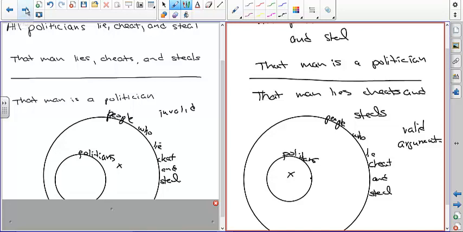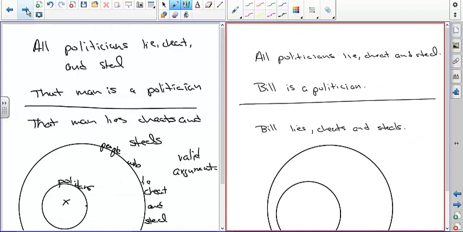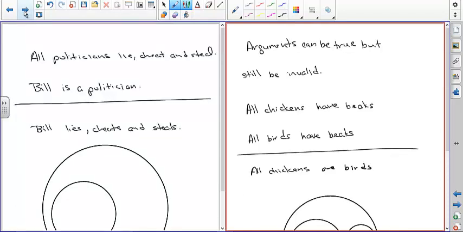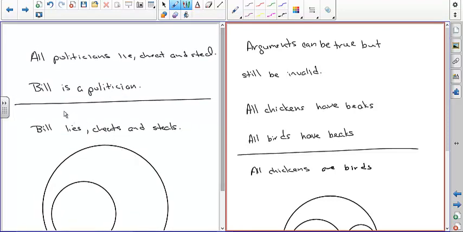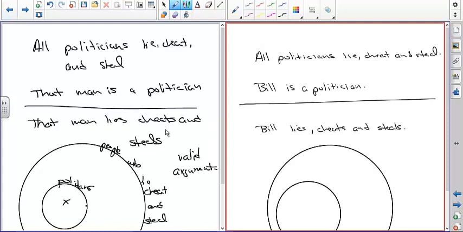Okay, so that's basically the same thing. I said he is a politician instead of Bill is a politician. So this is the example of the valid argument. And as I said before, arguments can be true but still invalid. So I go back to this one, which is an invalid argument.